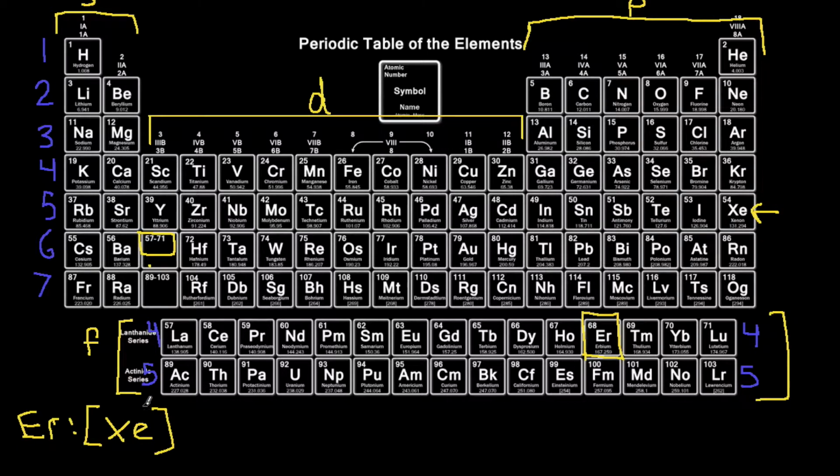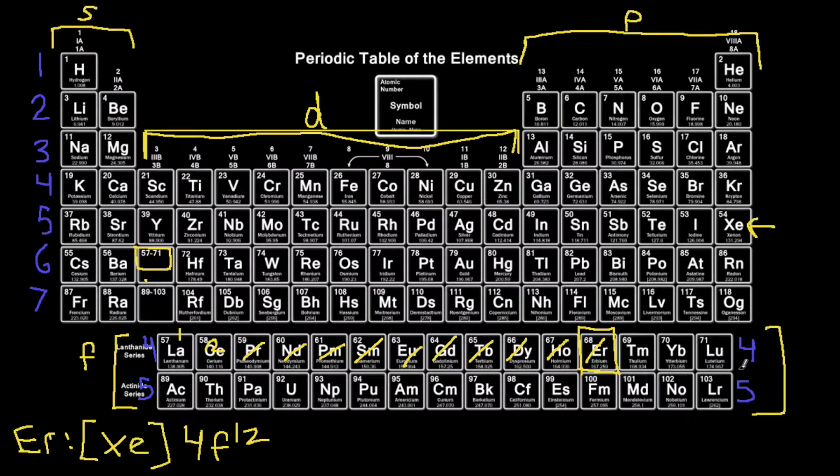And then what we're going to want to do is, as usual, we're going to start off with our f group of elements. So we're going to count. What we're going to do is 1, 2, 3, 4, 5, 6, 7, 8, 9, 10, 11, 12. So just like before, this is going to become 4f12.